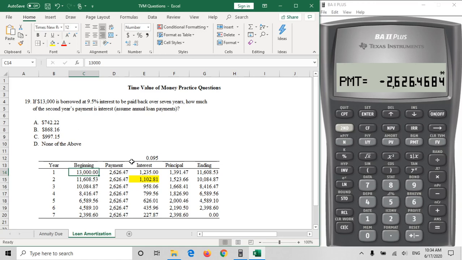Once you pay everything, your ending balance will be 0, right? And your payment, no matter what, once you set up your loan amortization table, your payment is always equal. All payments are the same. So it's very simple.